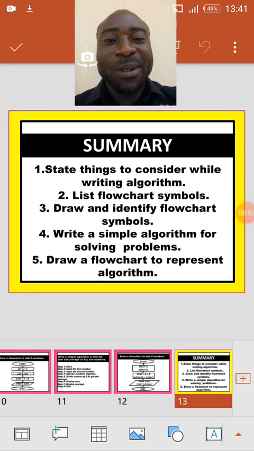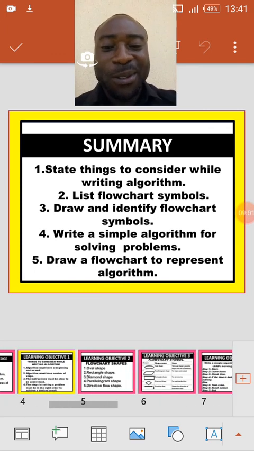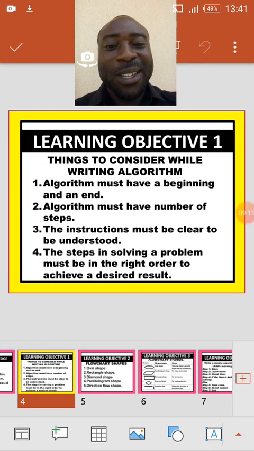So in summary of everything we learned today, we state things to consider while writing an algorithm. Let me quickly show you: an algorithm must have an end and it must have a beginning too. Then an algorithm must have a number of steps. The instructions must be clear to be understood.